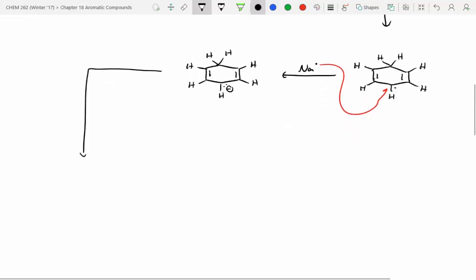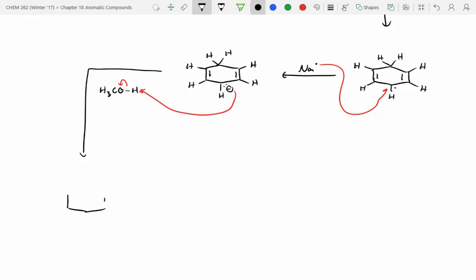Alcohol. Yeah, it's just going to steal another proton from your alcohol. Let me clean this up. And after this step, you've got your 1,4-diene.